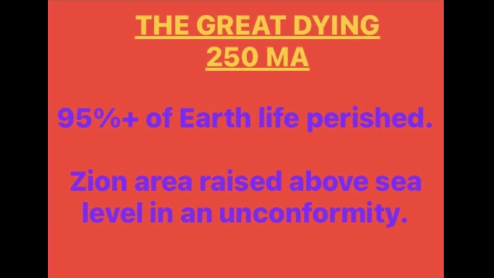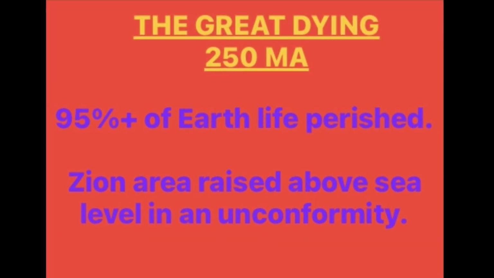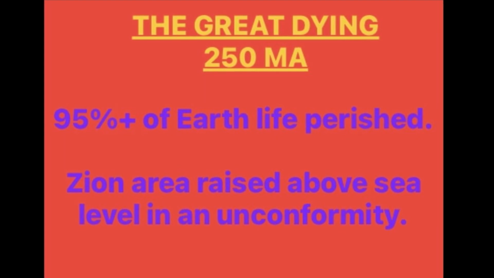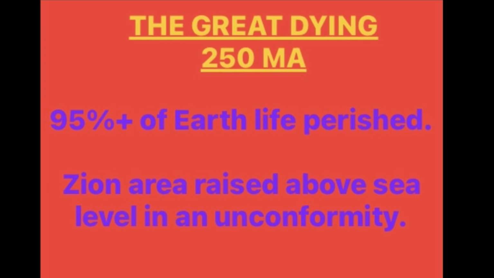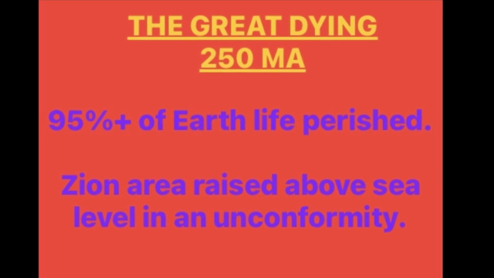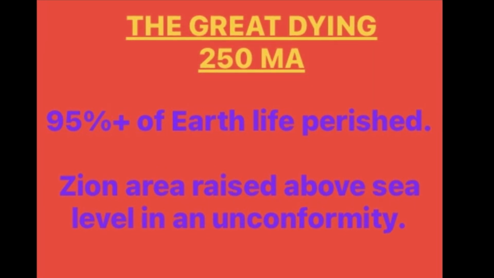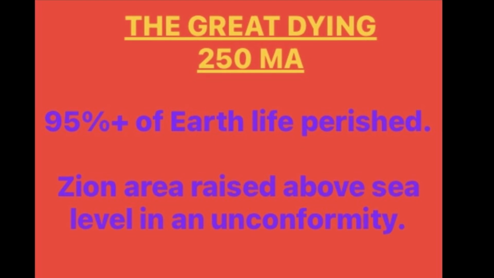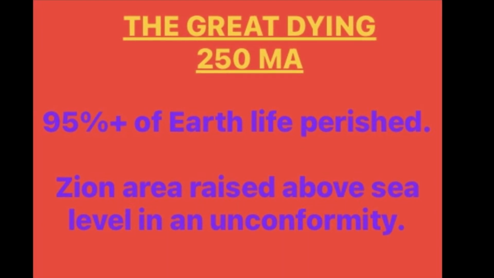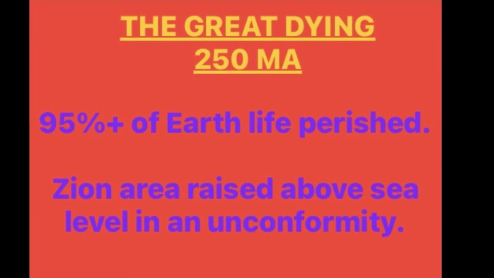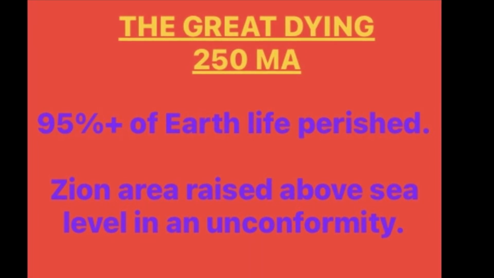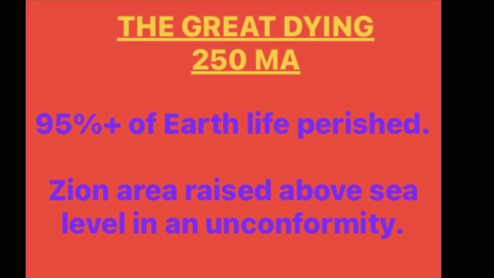During the very beginning of the Triassic period, about 250 million years ago, the Great Dying occurred. That's the Permian-Triassic extinction event. 95% of Earth life perished during this cataclysmic and toxic time, and the Zion area was raised up above sea level, doing away with the Kaibab Sea.